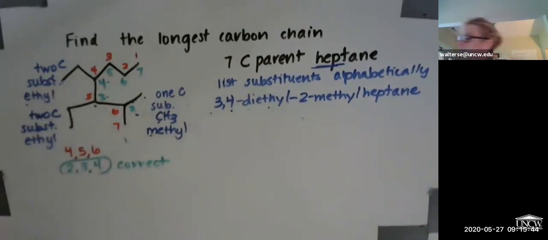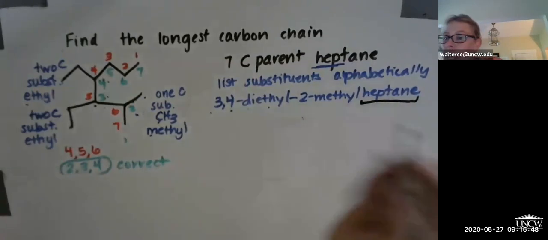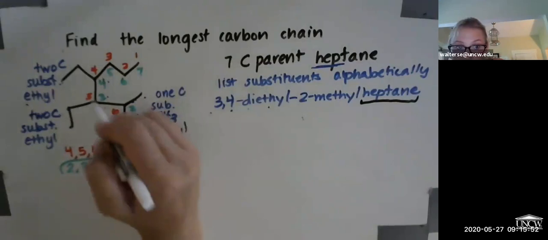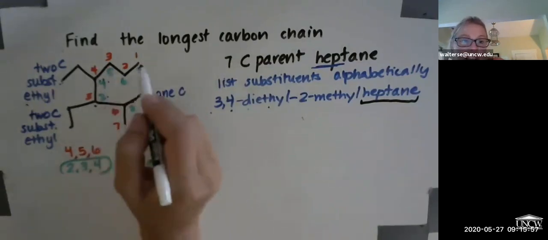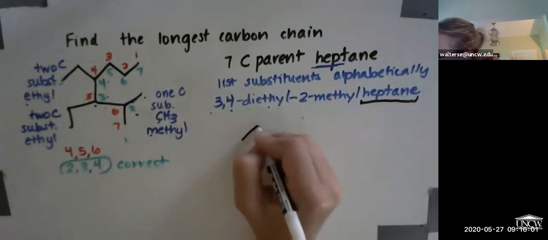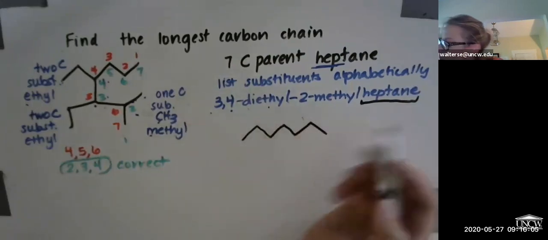Now, if you have to go from the name to pick a structure, the easiest thing to do, I would start out here, heptane. But I wouldn't draw mine as a squiggle because, you get free rotation, so it's eventually going to take on this alignment. I would just draw 2, 3, 4, 5, 6, 7.